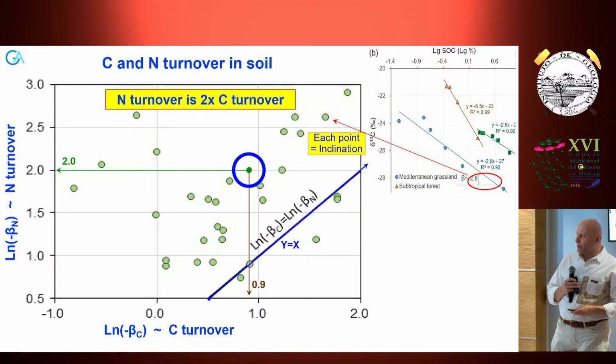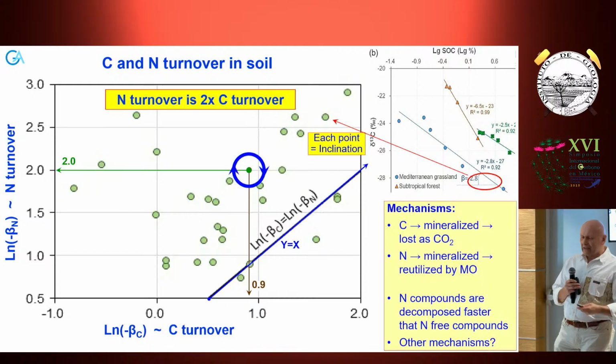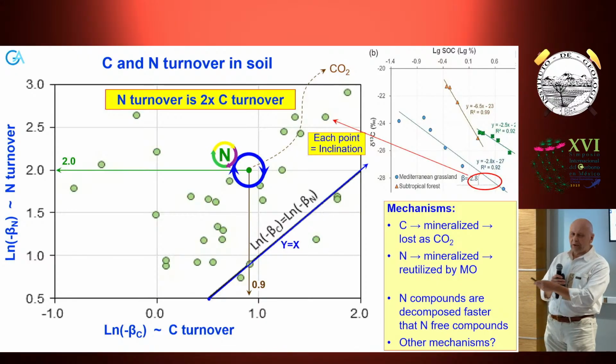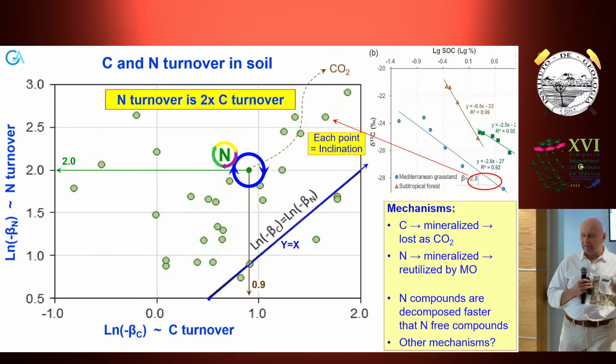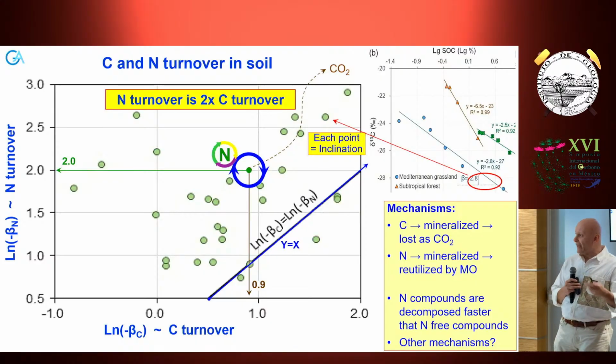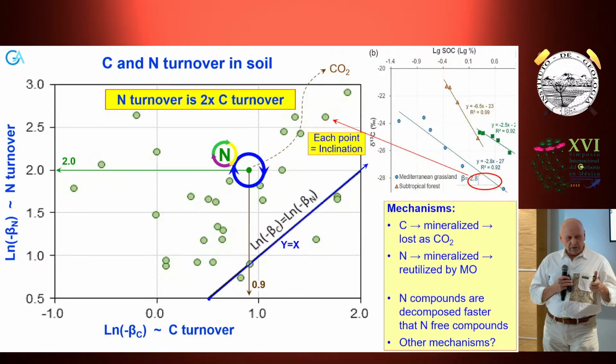How is it possible that nitrogen will be turned over in soil faster than the carbon? I think there are many possible reasons. At first, carbon, when it is mineralized, will be lost as CO2 and will leave the soil. But nitrogen, when it is mineralized, remains in soil and will be reused again and again. It means nitrogen reutilization by microorganisms. This is one reason.